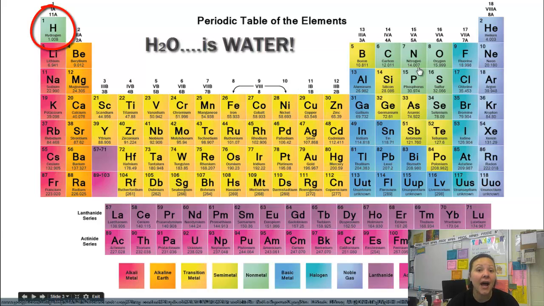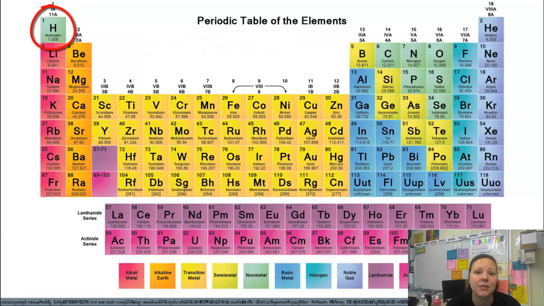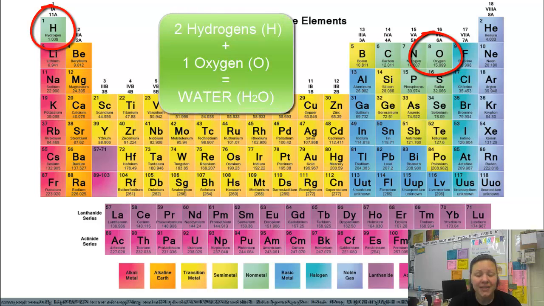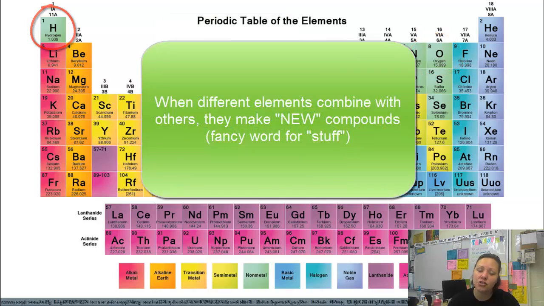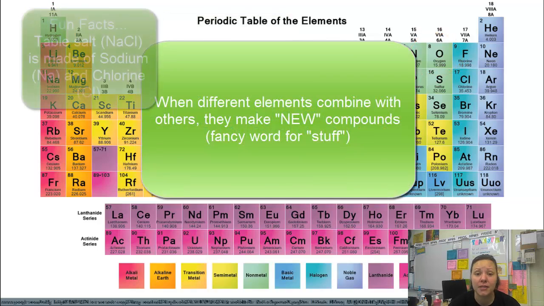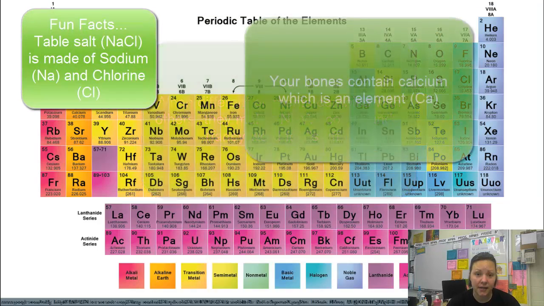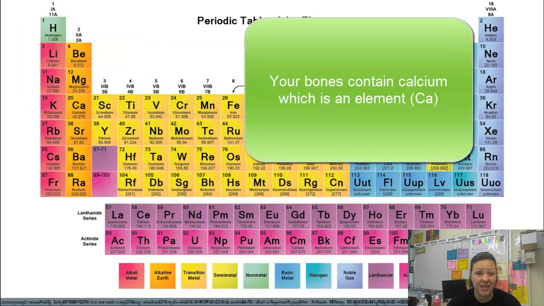H2O is made of hydrogen, one of the elements we can find here on Earth. Oxygen is another element. When you combine two hydrogens and one oxygen, you get water. I want to make sure you all understand that this periodic table of elements helps us understand a little more about what everything is made of.